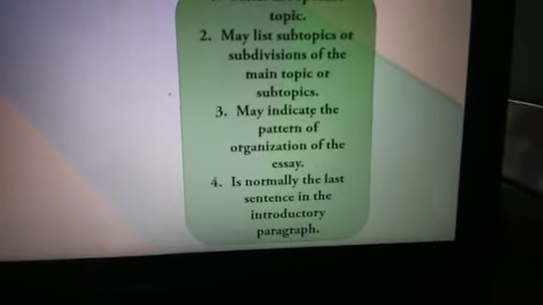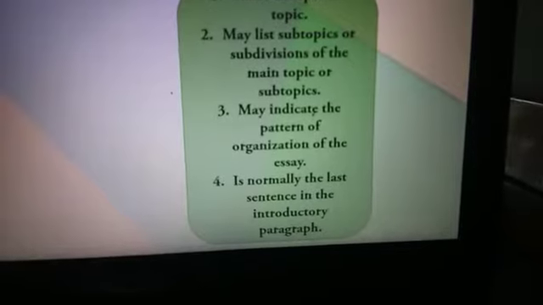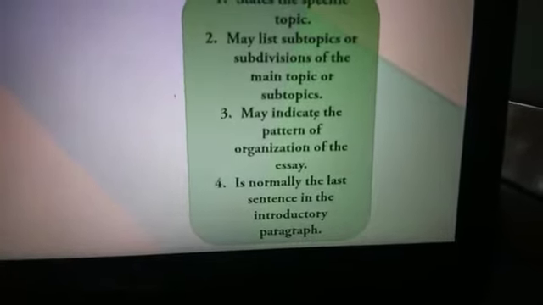It is also normally the last sentence in the introductory paragraph. The thesis statement is a specific explanation. It's more specific than the general statement, and it's normally at the end of the introductory paragraph, like a conclusion, but it's not a conclusion.